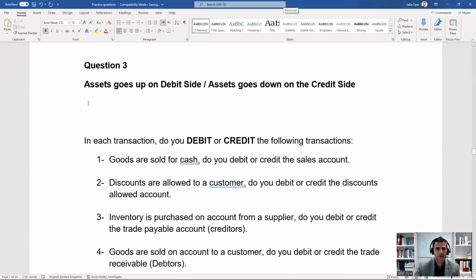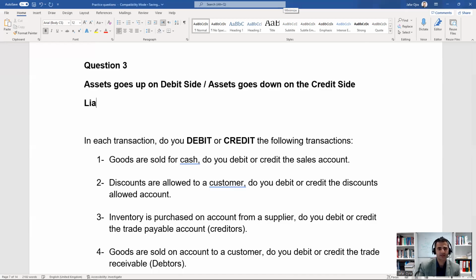All assets go up on the debit side, such as anything that increases the assets. For example, the company bought fixed assets, equipment, a delivery vehicle, a truck. It's all fixed assets and goes up on the debit side. Assets go down on the credit side. Anything that decreases the assets. For example, if the business bought something with cash, the cash will go down, and cash is an asset.